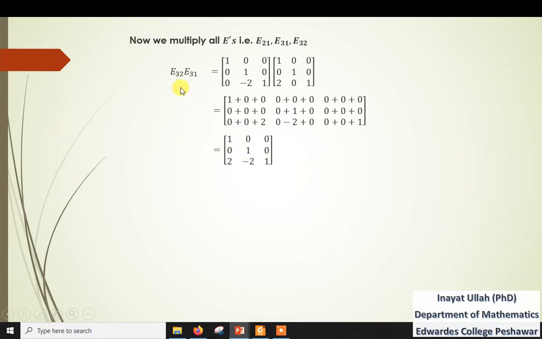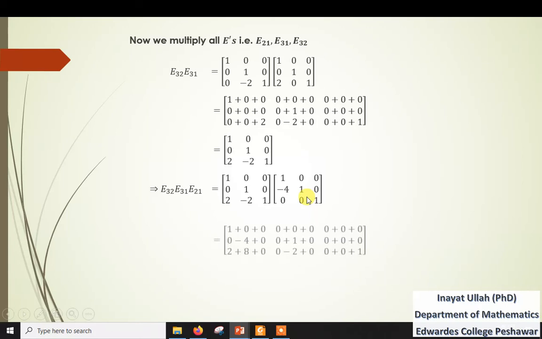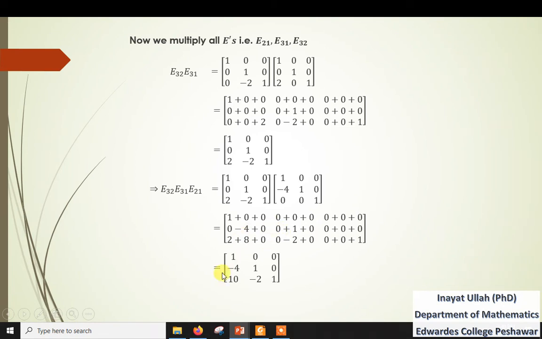And lastly, multiply the product of these two with E21 in the same order given in the question. So that is E32 E31, this matrix, and E21 is this matrix. Multiplying these two matrices, we will get this matrix, which on simplification gives this matrix.